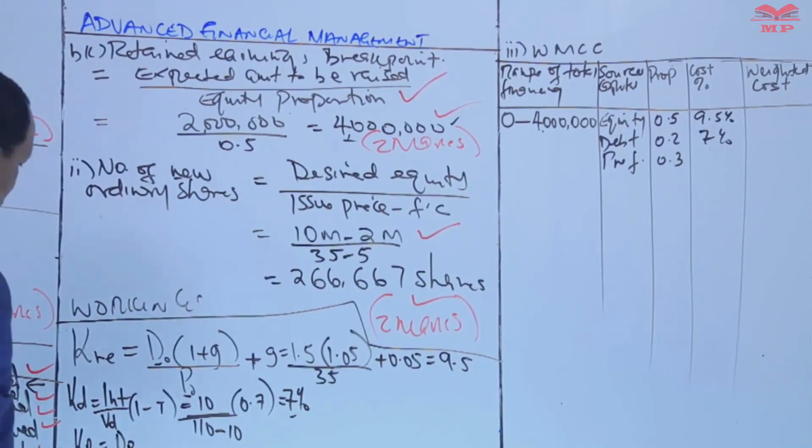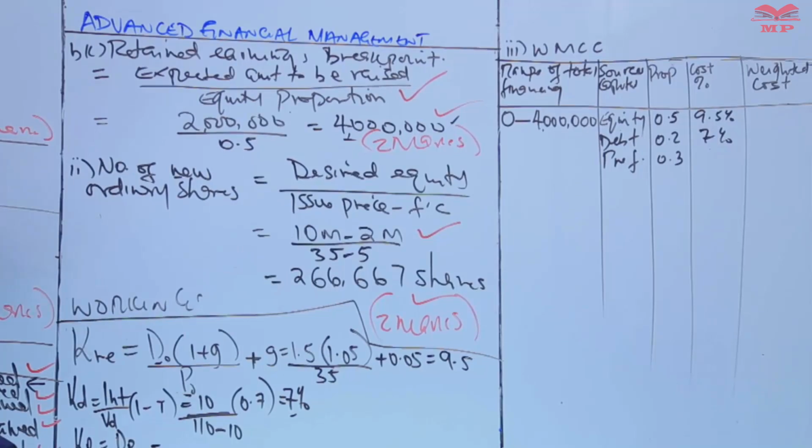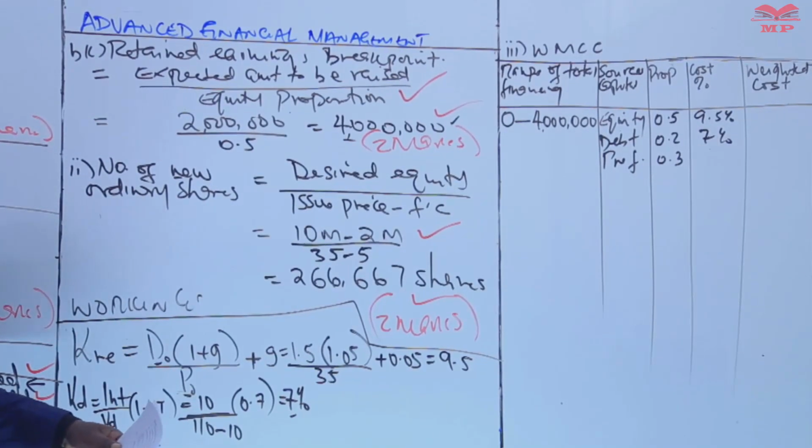DP is the dividend. So we check from the question, what is the preference dividend? Look at the capital structure.